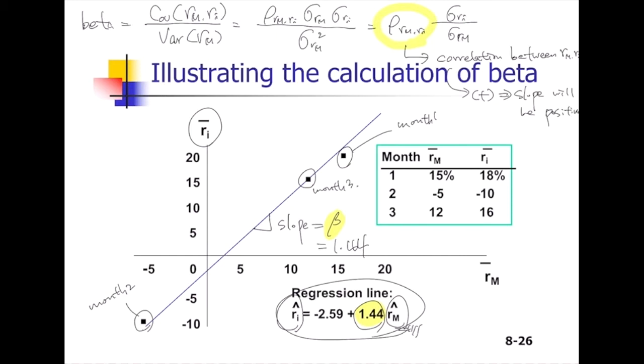It has a positive beta. And in the opposite case, if it is negative, the slope will be negative. You don't have to know this in this class, because we can search for it on the web in the real world.